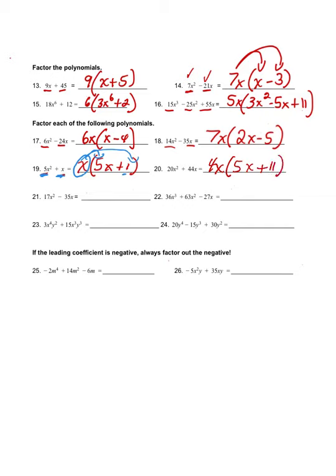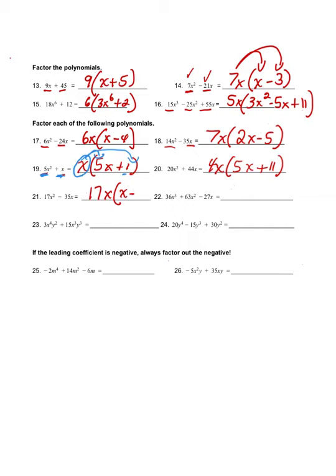All right, 21, greatest common factor is 17x, and so that's x minus, ooh, I might have that one wrong. I do actually.